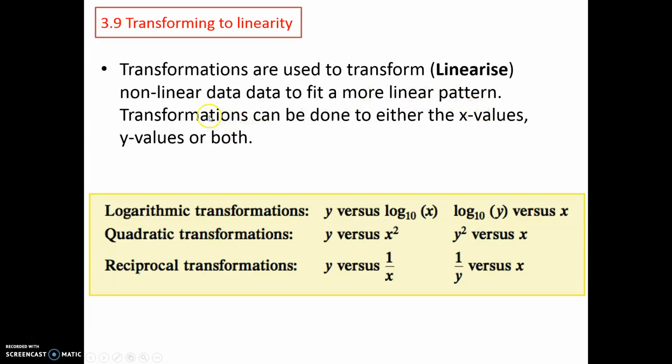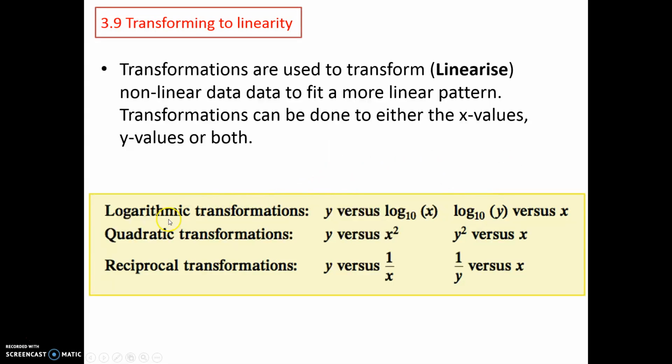And we can do these transformations both to the x or to the y values. So effectively what we're trying to do is to get our r value as close as we possibly can to either 1 or -1. And in the scope of further maths, we are just looking at these 6 transformations here. It's quite often easy to think of 3 and then changing it for the x or the y.